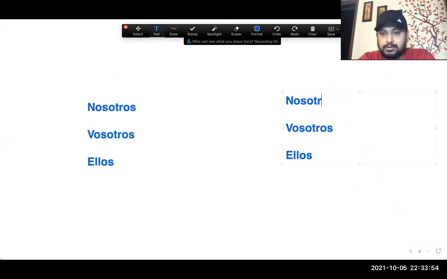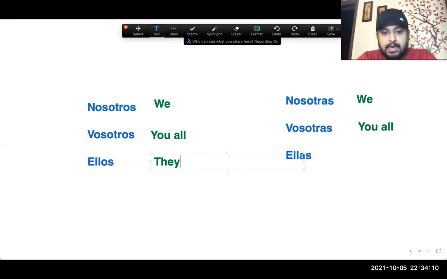And we have nosotras, vosotras, and ellas. We already know the meaning. It means we. It also means we. In English, if we translate, you all, they, and they. So what is the difference?